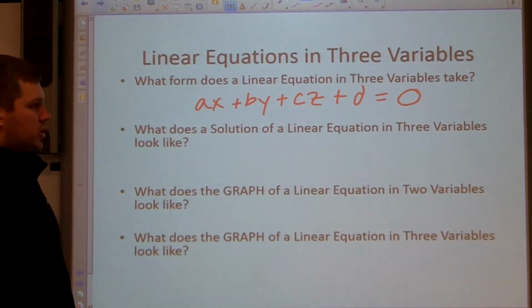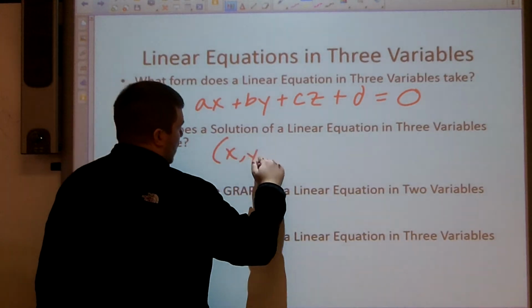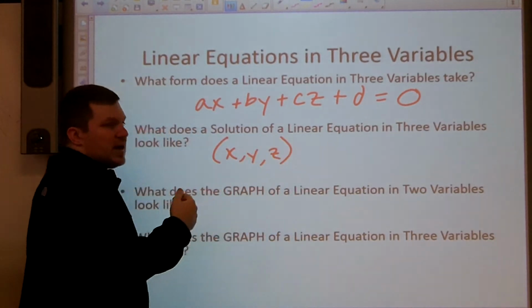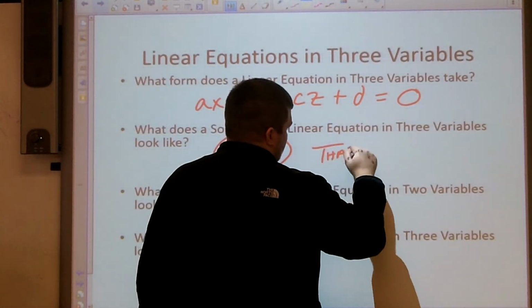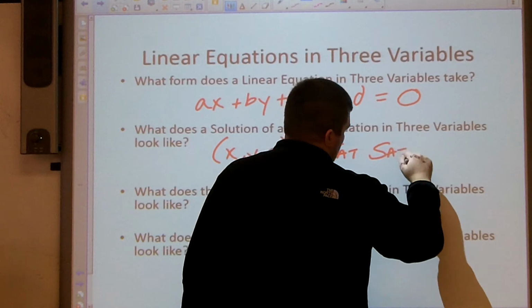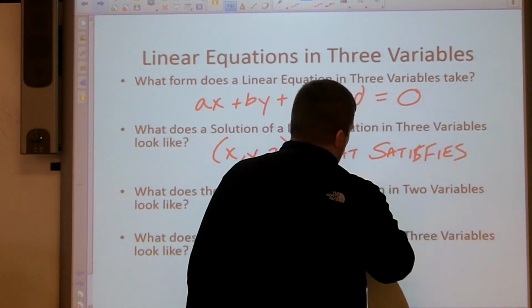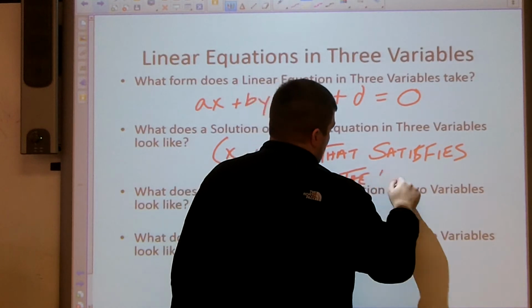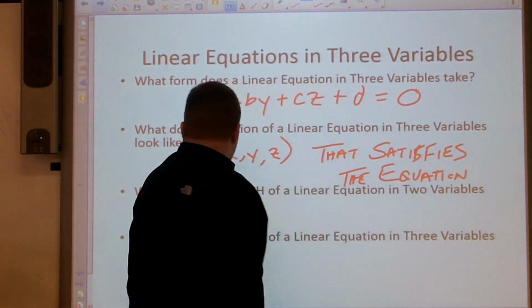And what does a solution look like? Well, it's an ordered triple, x, y, z, that satisfies the equation. Just like we did in 2 dimensions, so no big deal.